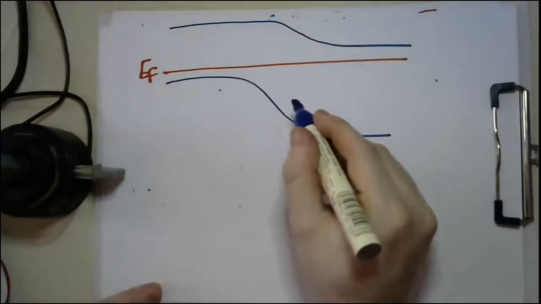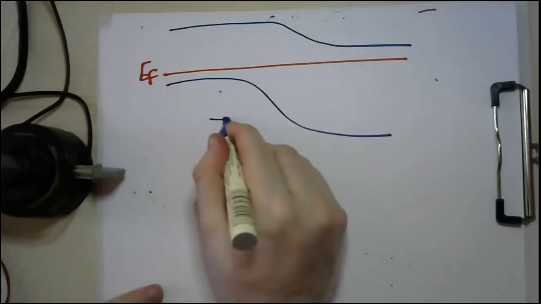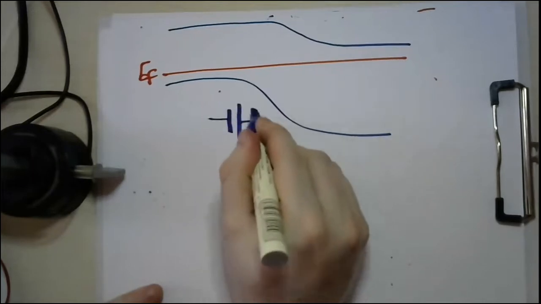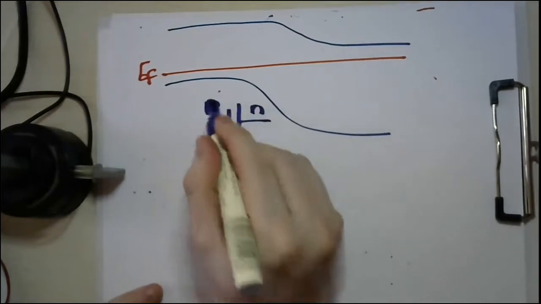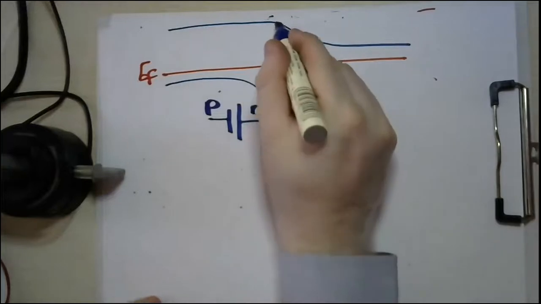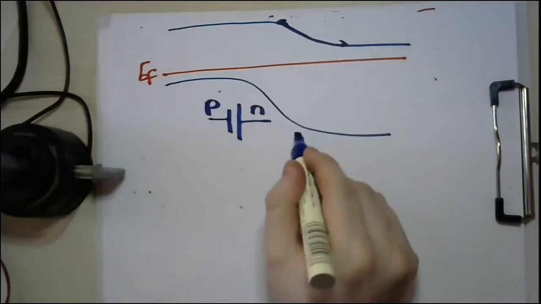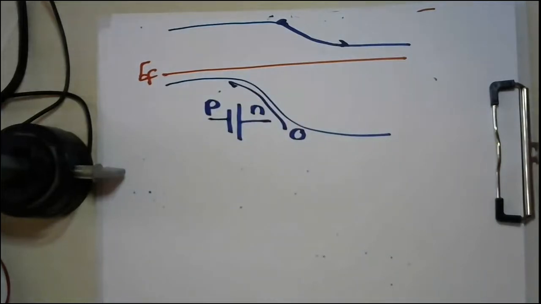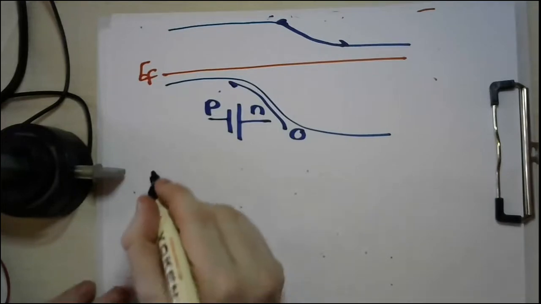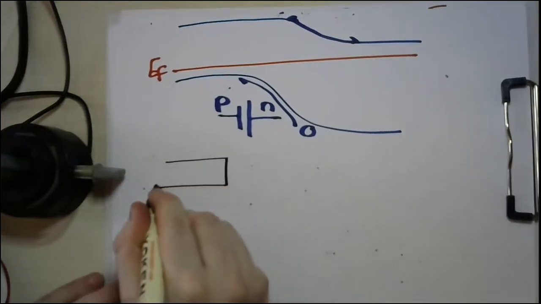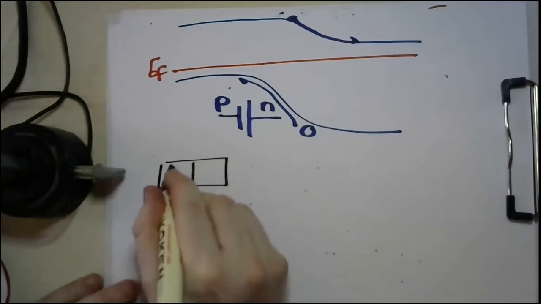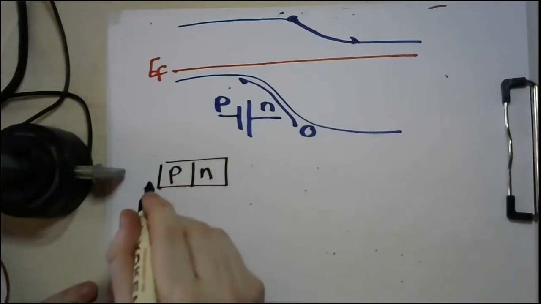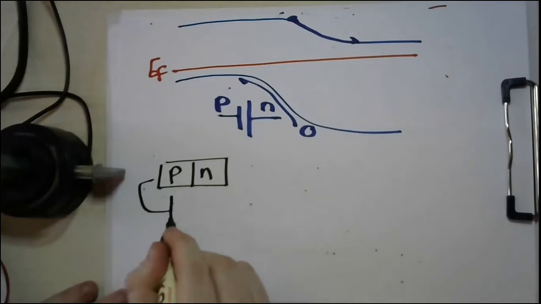Again, the building potential takes this polarity. So this is the N, and this is the P. The N is connected to the positive, so electrons drift in this direction, and the P is connected to the negative, that's why holes drift in this direction. Now, what will happen if I connect my PN junction with an external battery with this polarity?